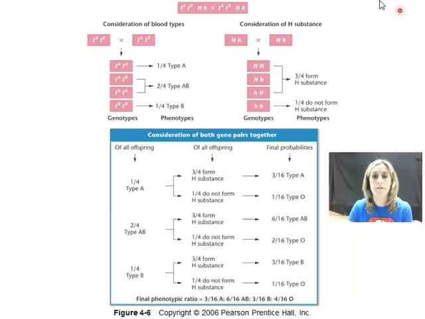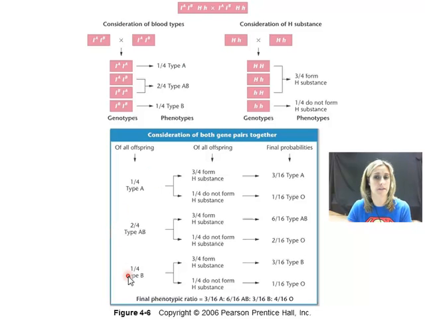You could have done whatever order you wanted, but here I started with the AB blood type first. Two individuals that both have AB blood type are going to produce predicted offspring ratios of 1/4 type A, 2/4 type AB, and 1/4 type B.